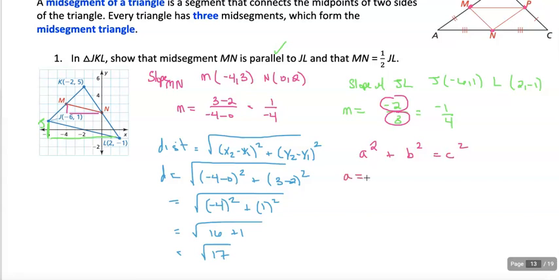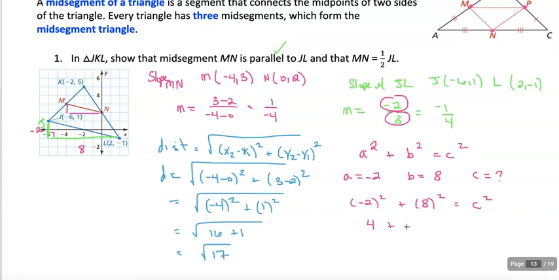A is -2, B is 8, the original rise and run, -2 and 8. There's my right triangle. And C is my unknown, which is going to be the distance of JL. If I plug this in, I get -2 squared plus 8 squared equals C squared.